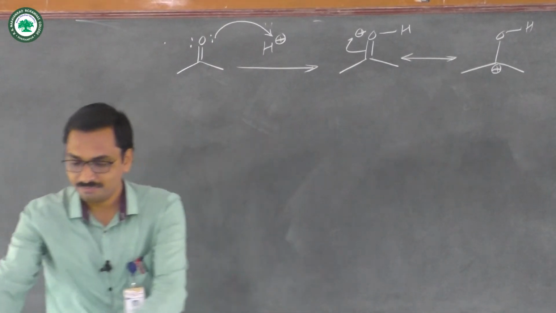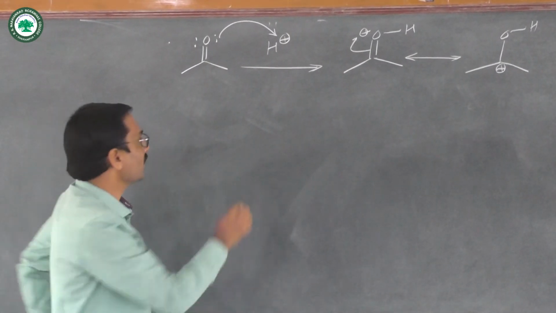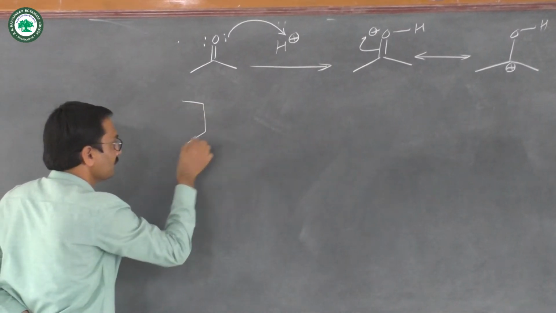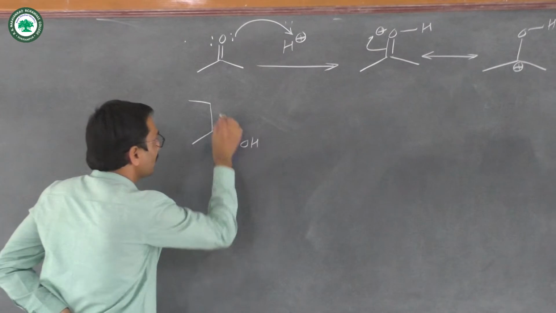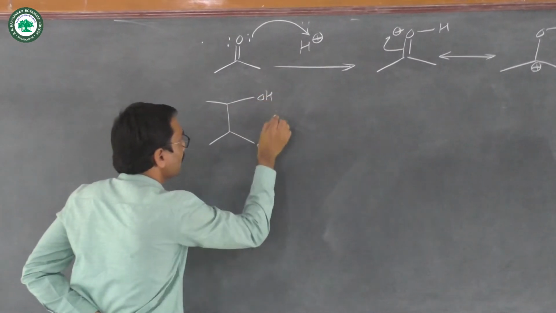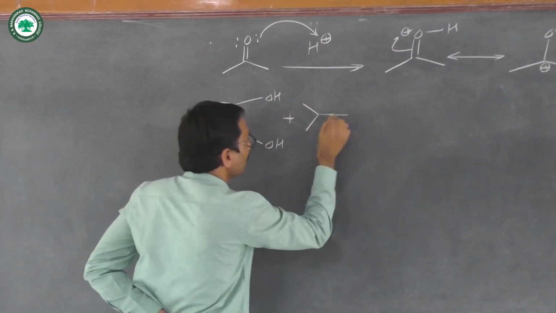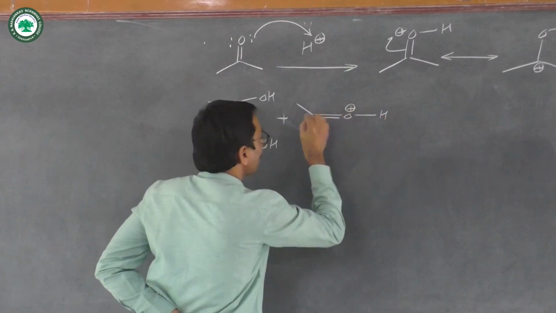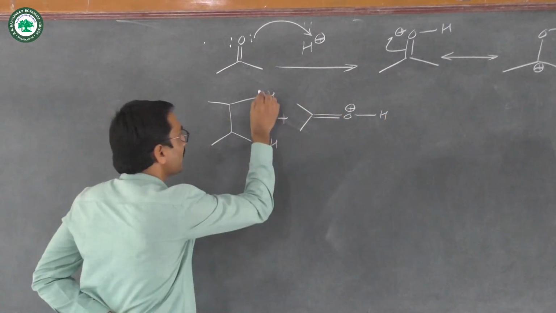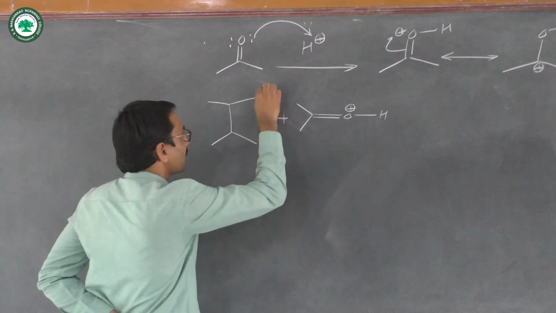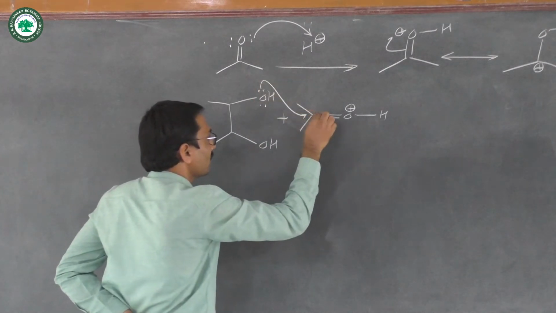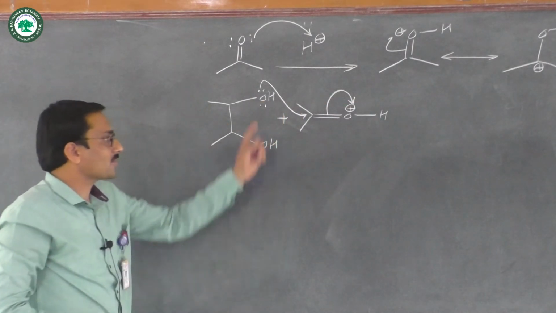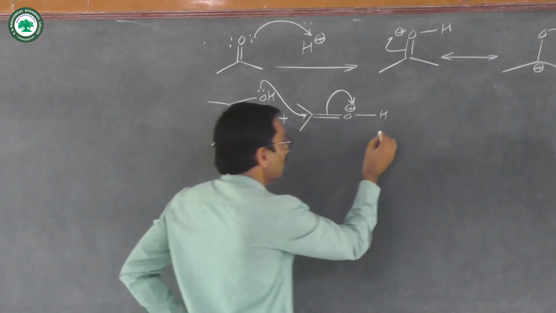In the next step, that diol reacts with this type of intermediate. This carbon becomes more electrophilic in nature. Therefore, a lone pair of electrons on oxygen attacks this particular carbon.